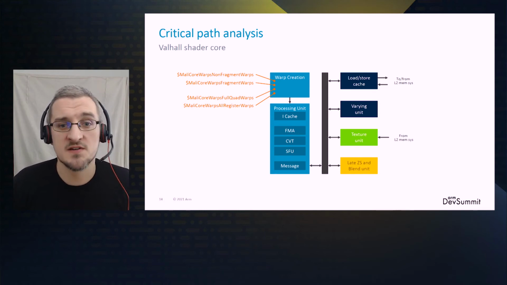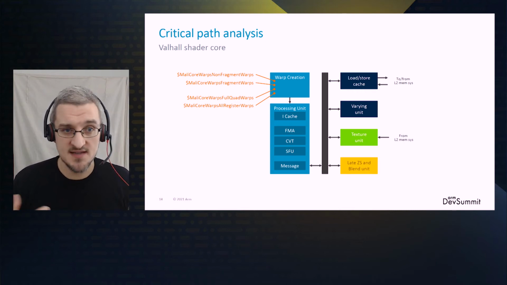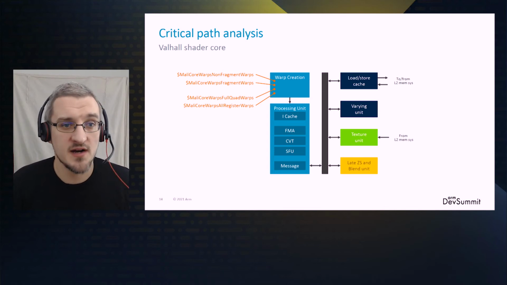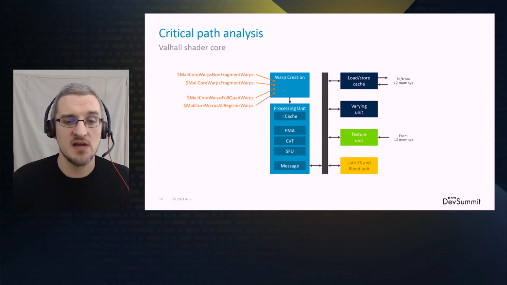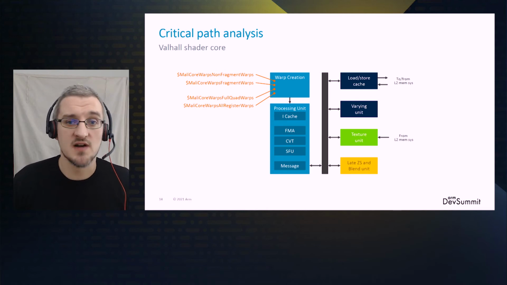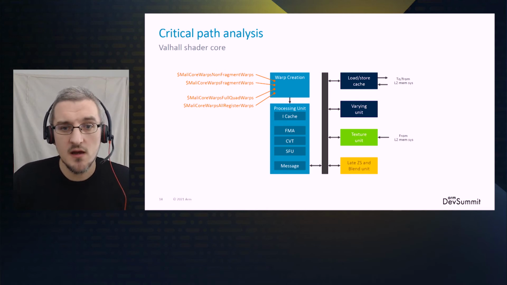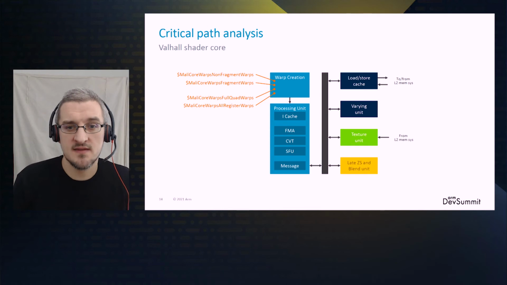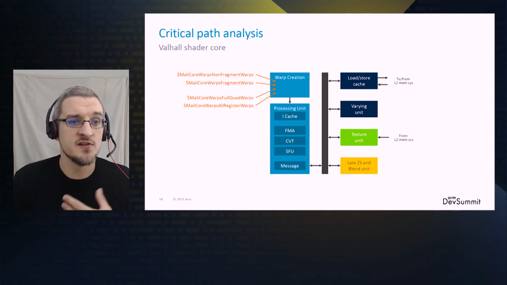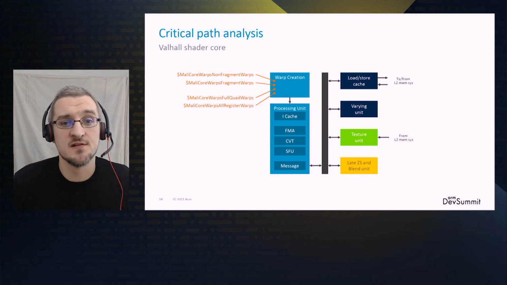We have a varying unit, which is a fixed function interpolator. We have a texture unit, which contains the texture cache, the compressed texture decompression, and the filtering unit for bilinear, trilinear filtering. And we have a fixed function LateZS and blend unit for doing LateZS testing and retiring completed fragments out to the frame buffer. In this unit, only the load store cache and the texture unit talk to memory. For geometry data for the varying unit, that data will get fetched through the load store cache path.